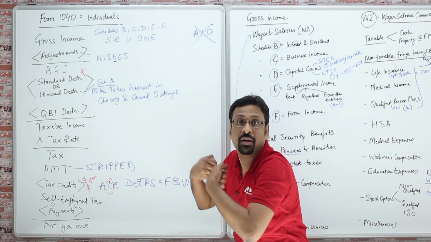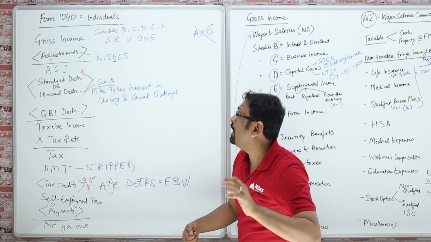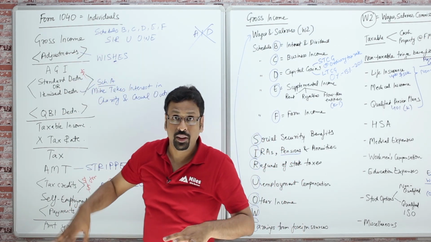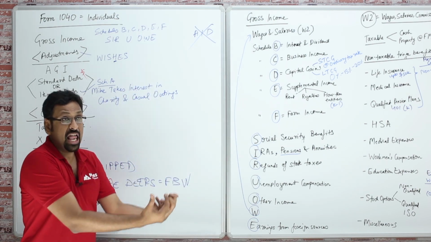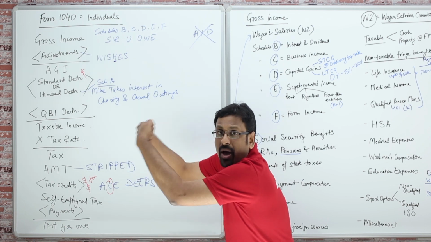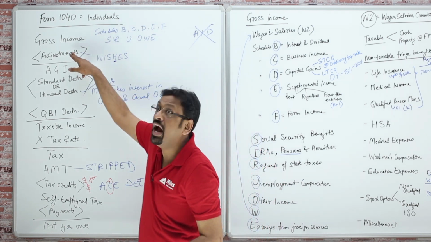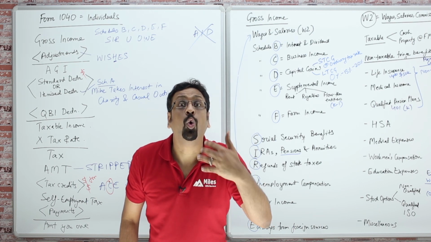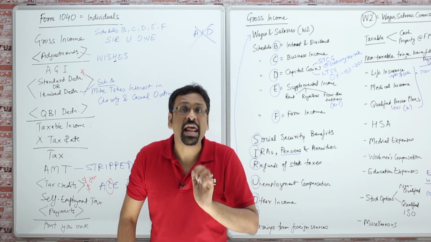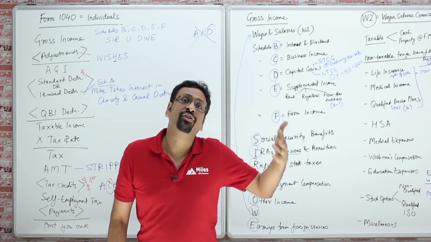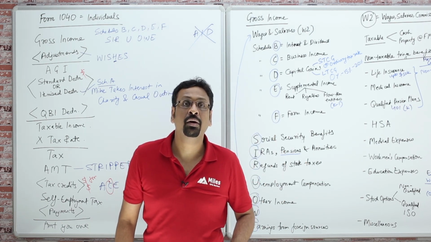Paying the alimony, he was allowed a deduction and adjustment to AGI. The wife was getting money, alimony received, income. The husband was paying the money, alimony paid, a deductible expense. Now, this was the old rule. This is still applicable for divorces which had happened up till 31st December 2018.